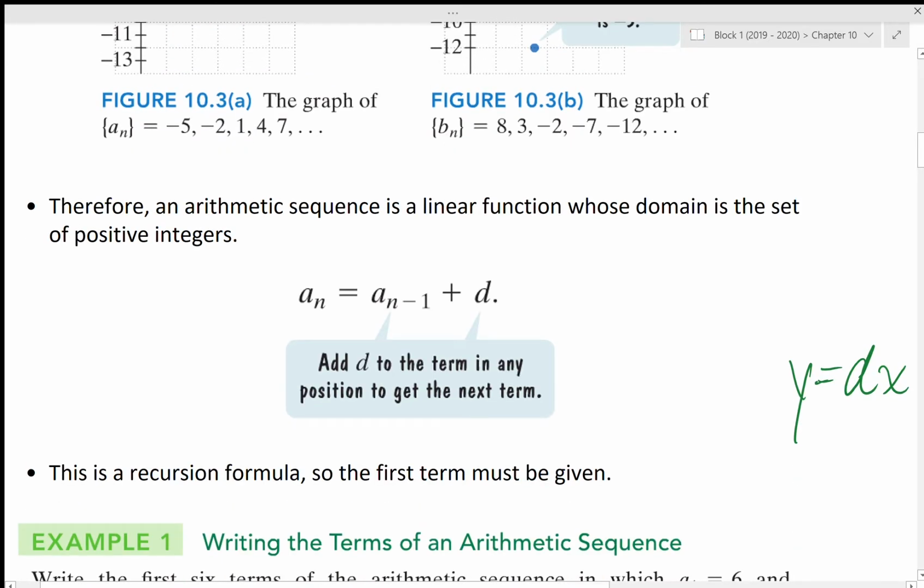So for an arithmetic sequence, this is the recursive formula. Remember, it's recursive because we're using the previous term to find our next term. All you have to do is take a term, add your common difference, and you will get the next term.